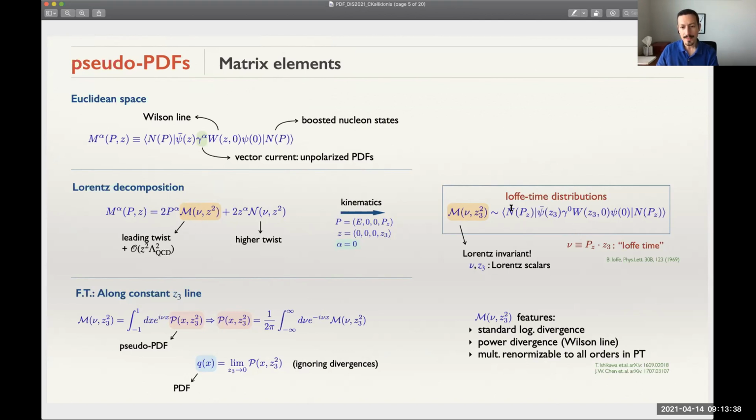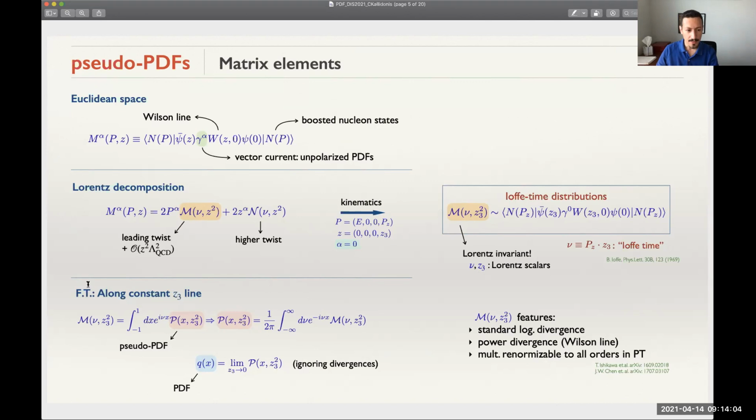And this contribution can be written in terms of two Lorentz invariants. One is the so-called Ioffe time, and the other one is the z3 distance. And this matrix element is also known as the Ioffe time distribution.